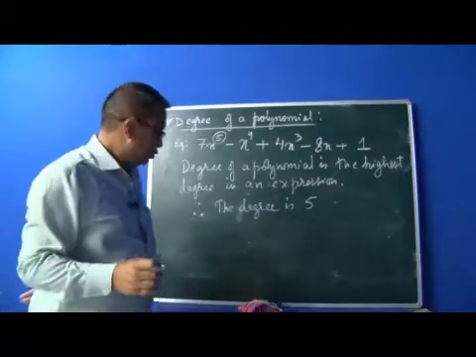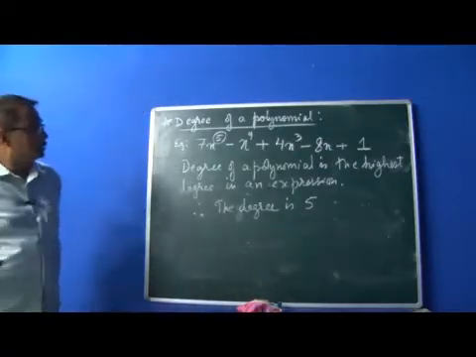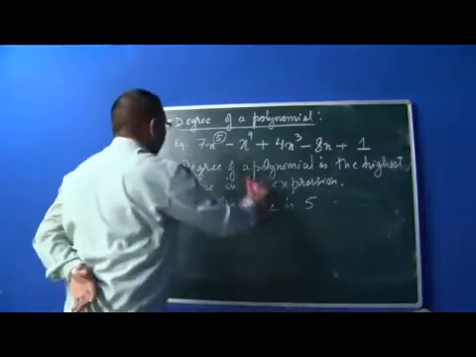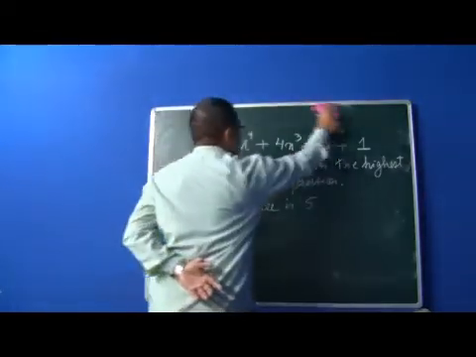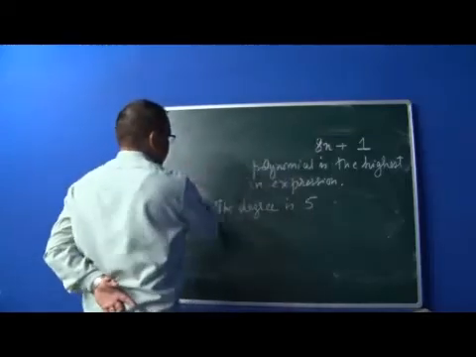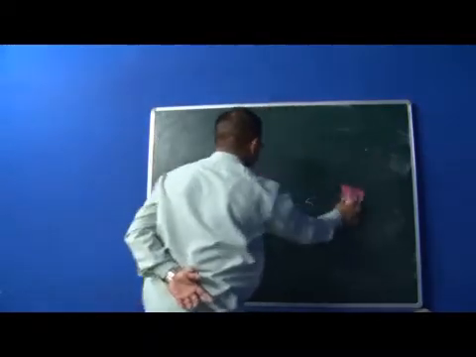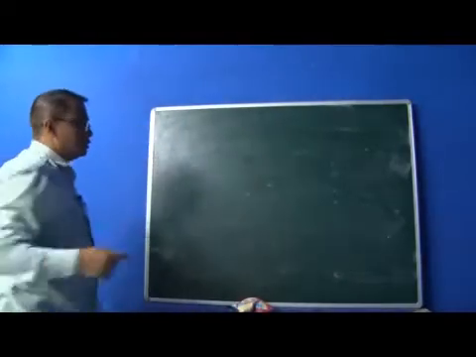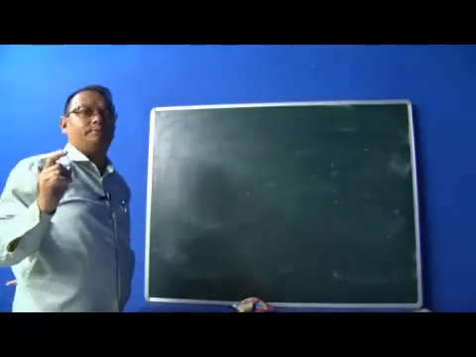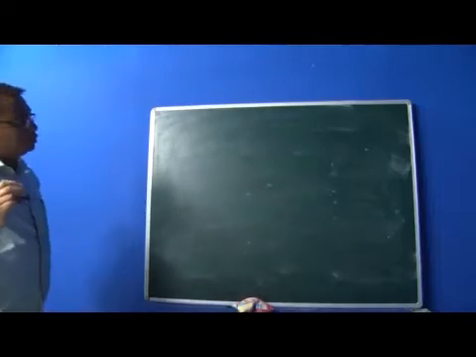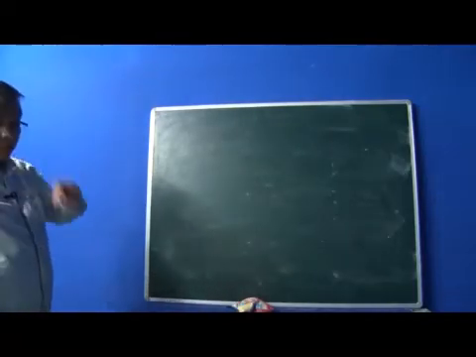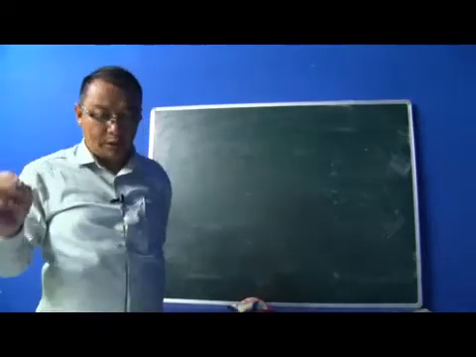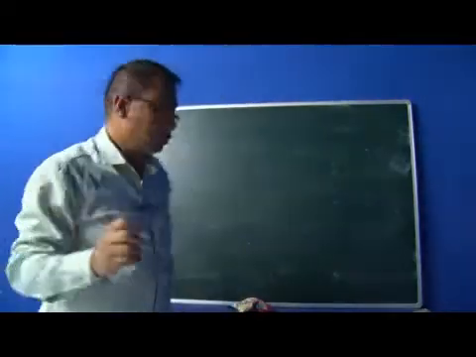Okay, when we finish the degree of polynomials, I will skip to another point. A polynomial of degree 1 is called a linear polynomial.